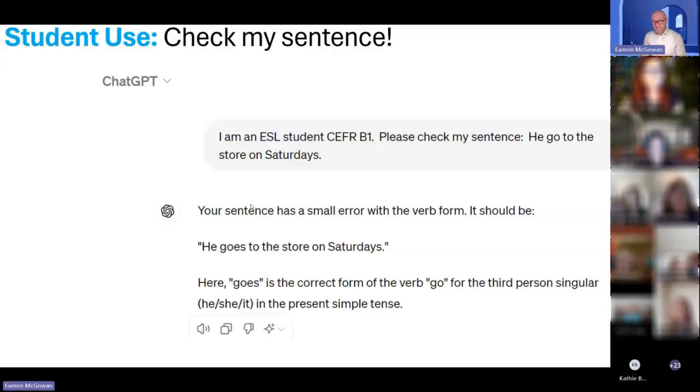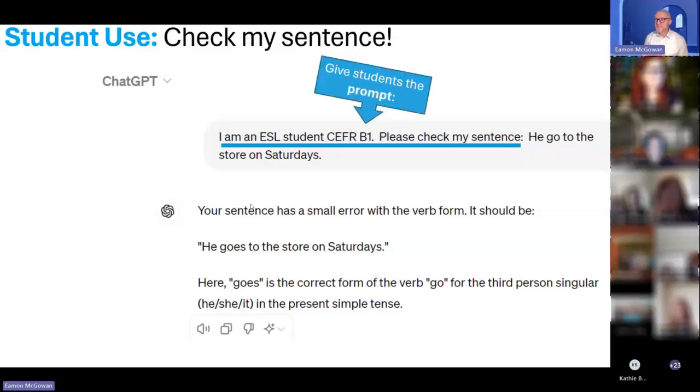So for example, I had students write this into ChatGPT: I am an ESL student, CEFR B1, high intermediate, low intermediate. Check my sentence. Now, this is something we did together. Level 5 students, hopefully they know the mistake here, but I wanted to make it simple so they could see how to use it.